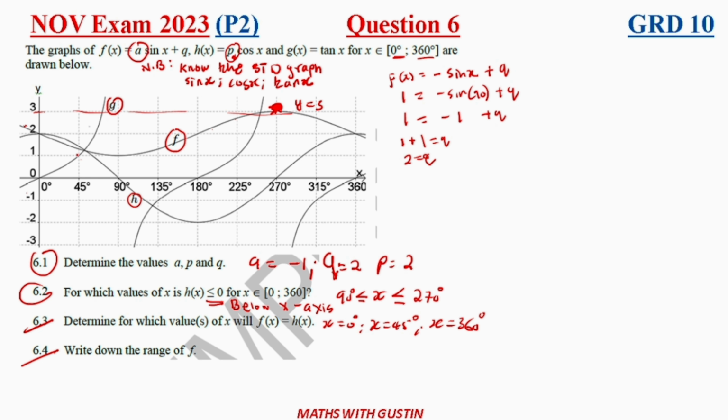And then below it goes down until here, which gives us y is equal to 1. All right, so therefore it simply means that our range has to be y greater or equal to 1, but also it needs to be less or equal to 3. We can also say that y is an element of the real numbers. Okay, and that's how you will deal with question 6.